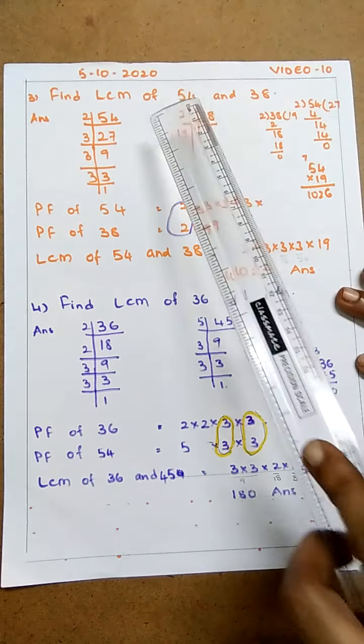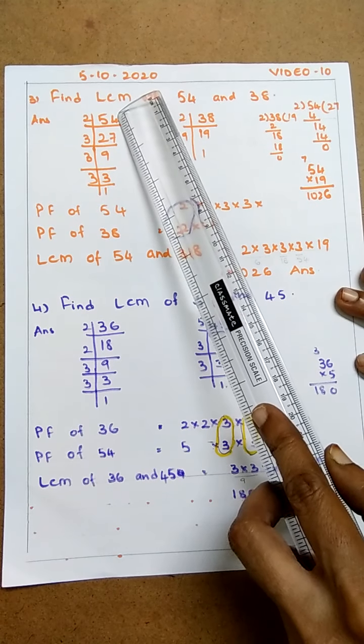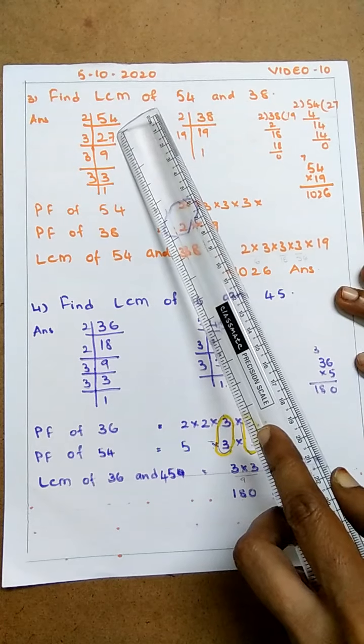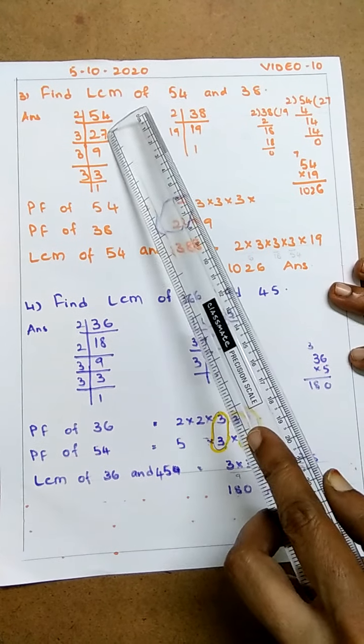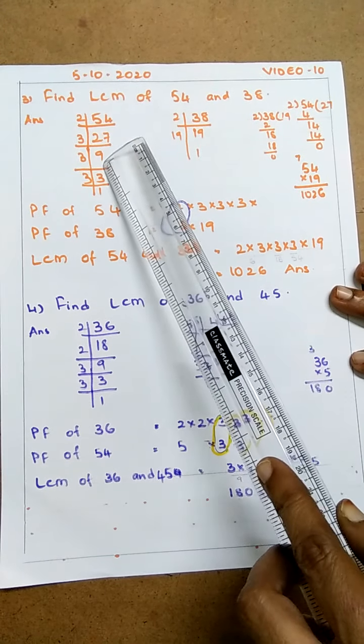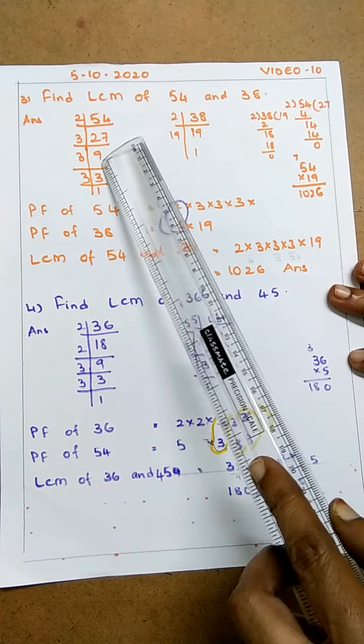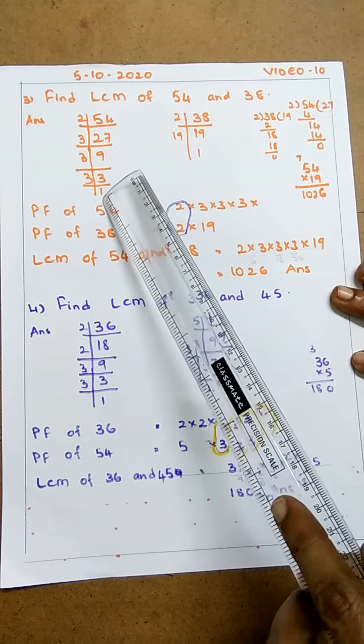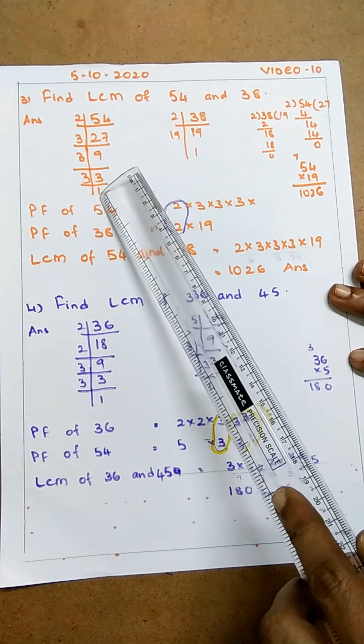So the quotient is 27. When you divide 54 by 2, you get 27 as the quotient. Now, take 27 and divide it by 3, you get 9 as quotient. Again 9 you can divide by 3 to get 3. 3 divided by 3 will give you 1 as the quotient.